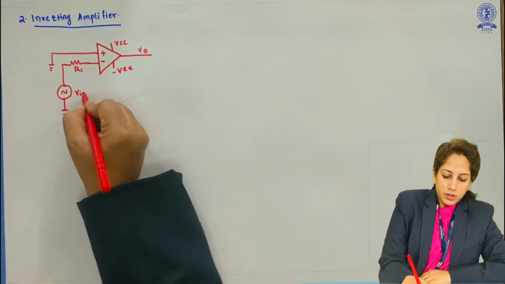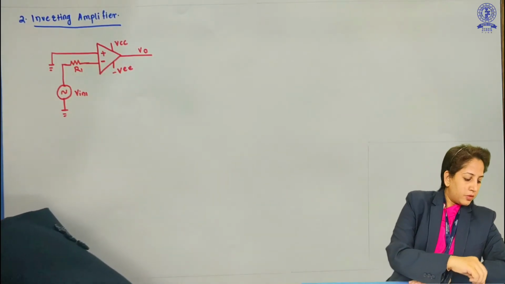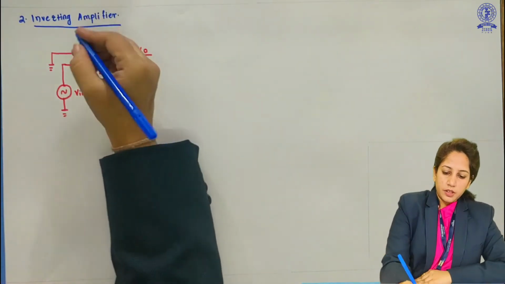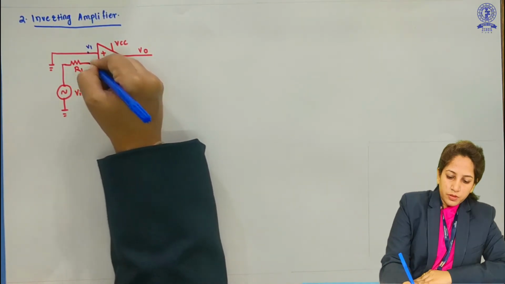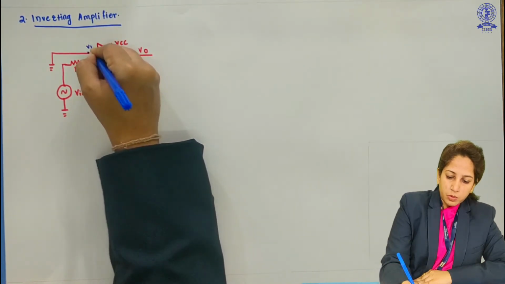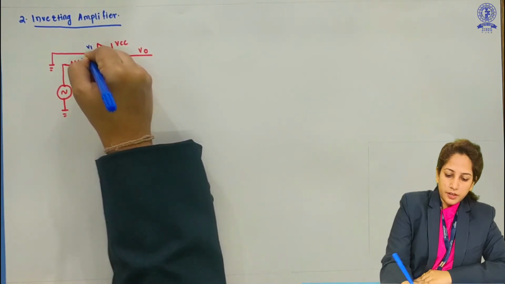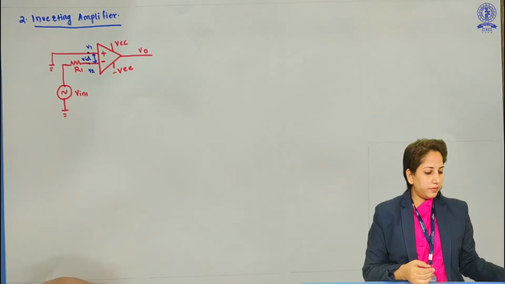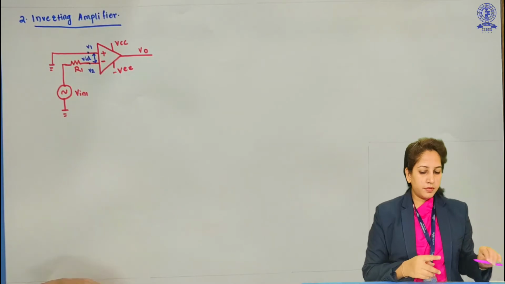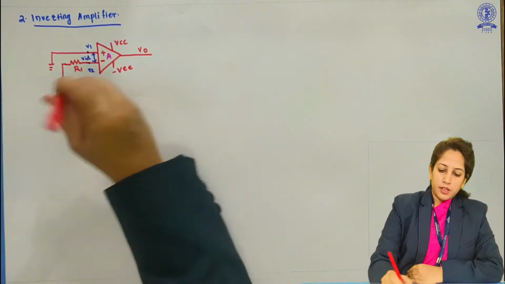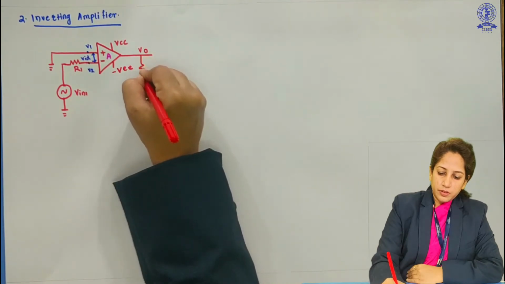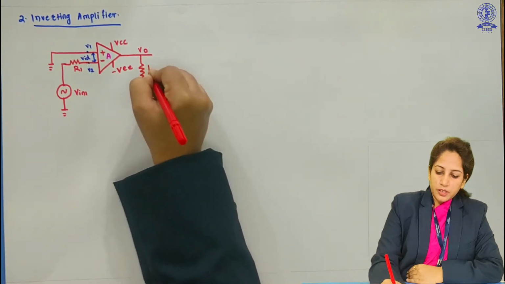Suppose it is Vin1. As I have told you, here is V1 and V2, and the difference between these both is VID. Here I will apply gain A and the output load as RL.